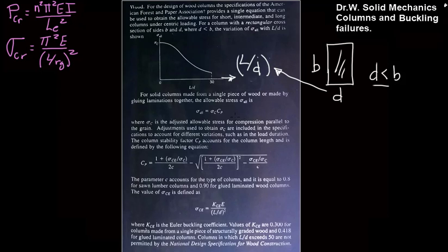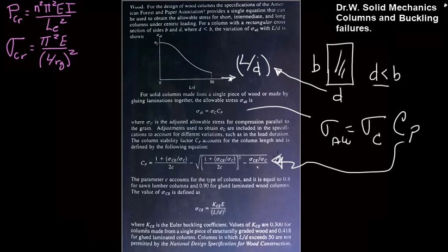From there, they say the stress allowable is the adjusted stress times a constant, and then they give us the formula to find the constant P, which is quite an impressive formula, although if you put it into Excel, it's easy enough to generate on a regular basis.